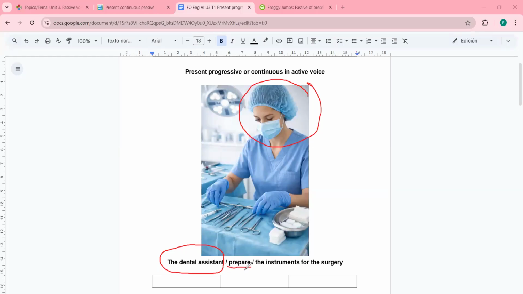Prepare is the action, but we need to complete it. What? The instruments. Complement for the surgery. Okay. Let's work.